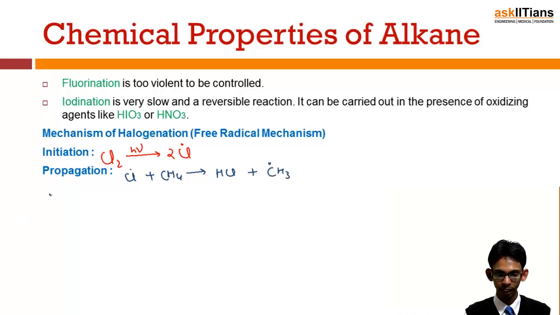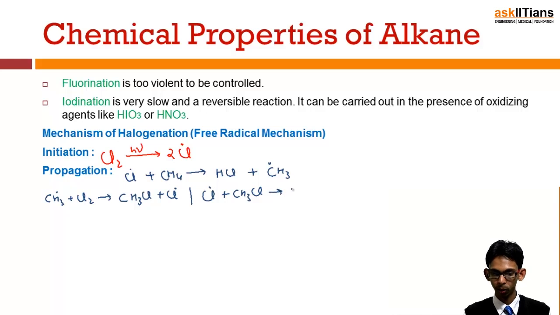Now this free radical again reacts with another molecule of chlorine and abstracts a chlorine from there to form CH3Cl, and a Cl free radical is generated. This Cl free radical again reacts with CH3Cl, abstracts a hydrogen to form HCl, and again a CH2Cl free radical is generated.